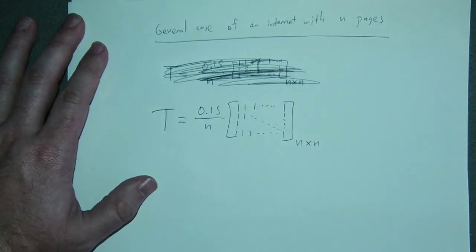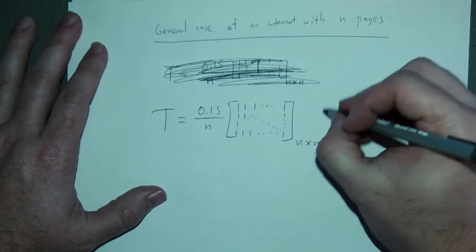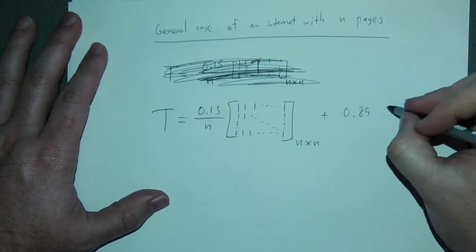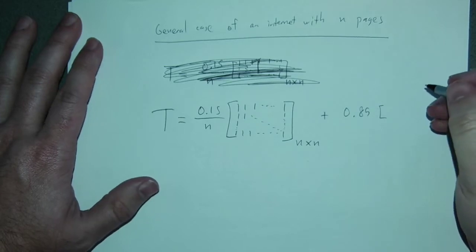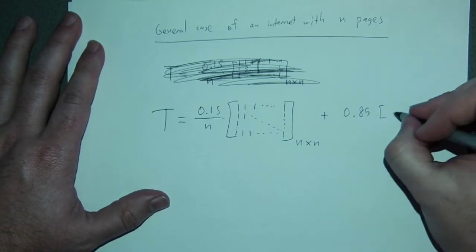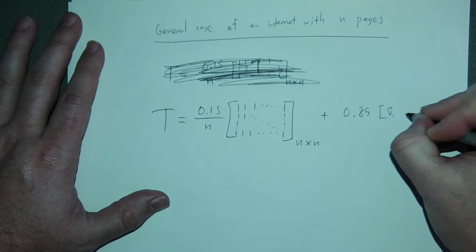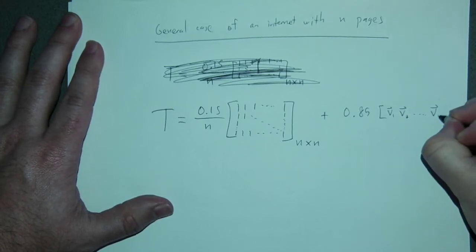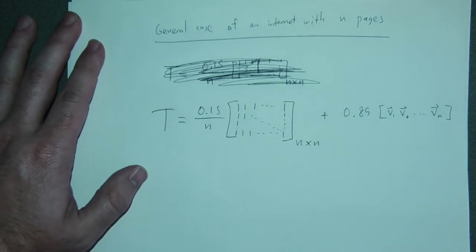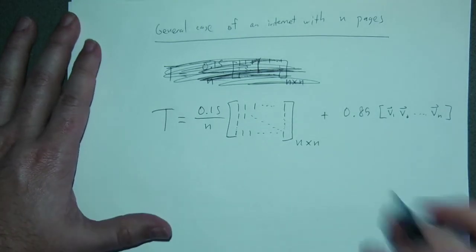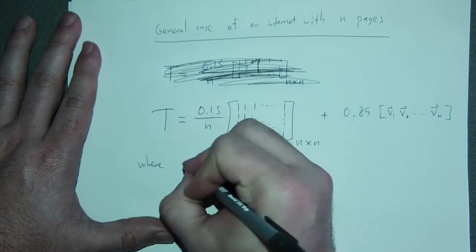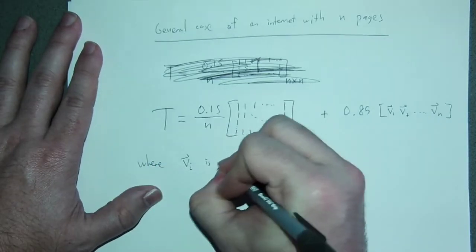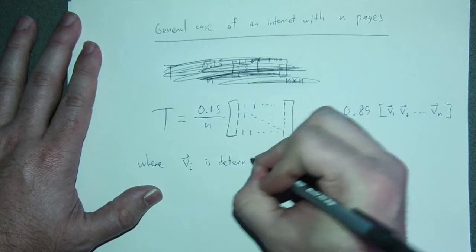Okay. All right. Plus 0.85 times a matrix that is also an n by n matrix that consists of the following vectors. Call them v sub 1 through v sub n, where v sub i is determined in the following way.